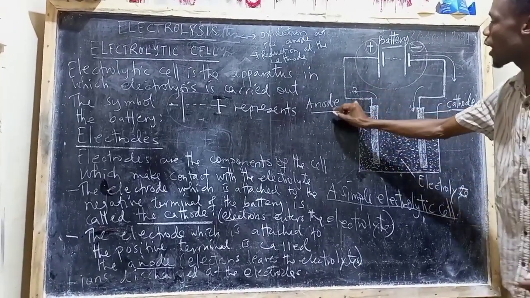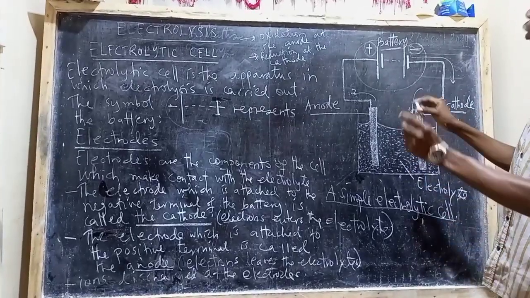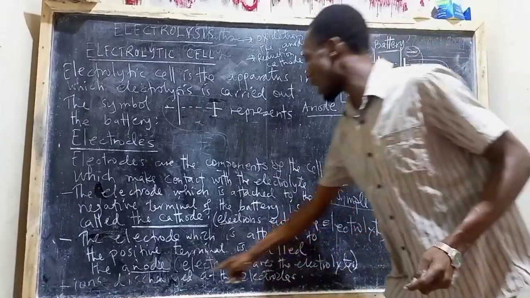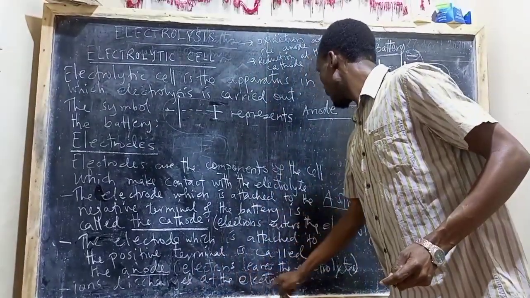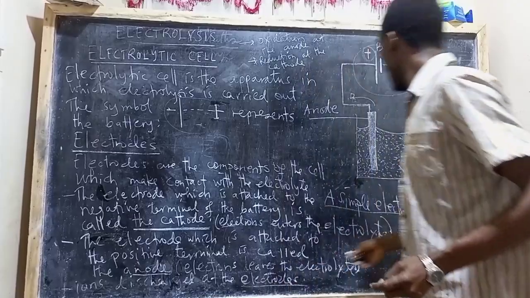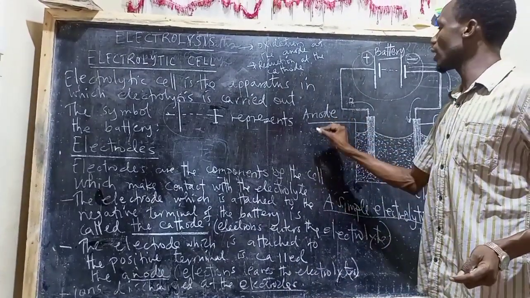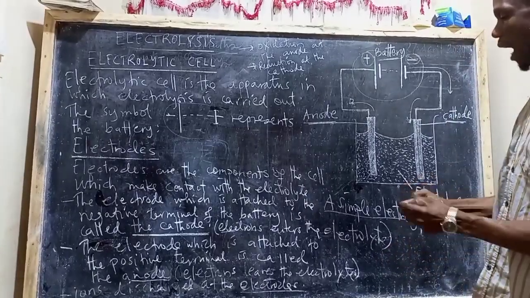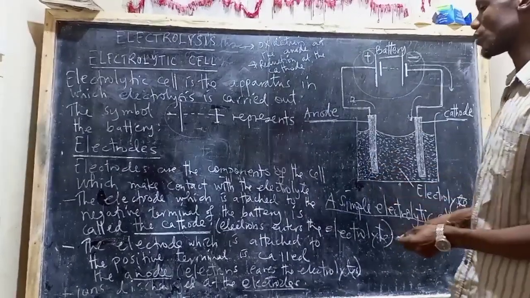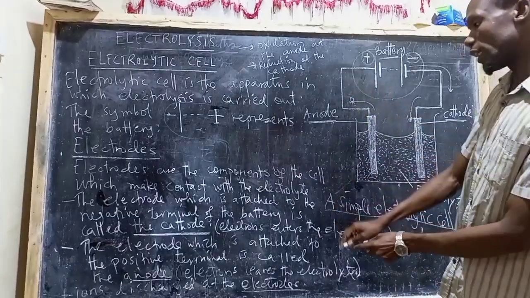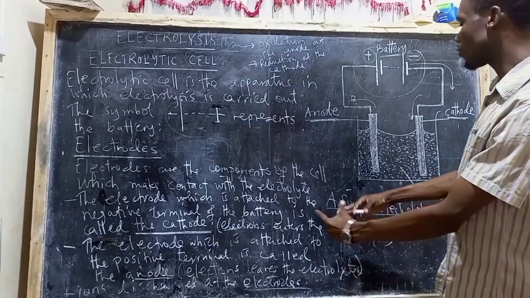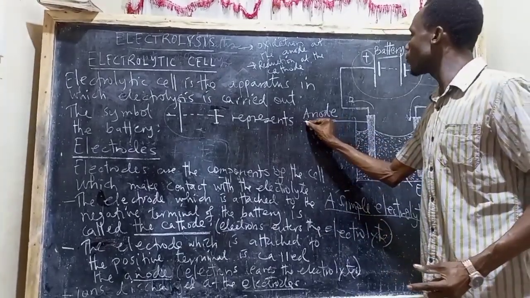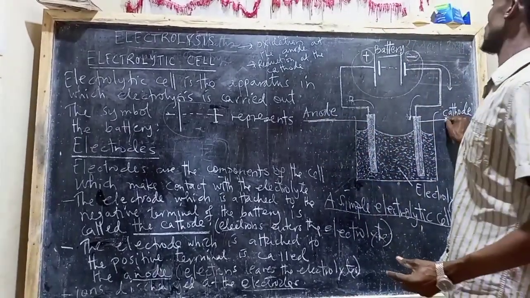In the absence of the cathode and anode, there is no electrolysis. That is why we say ions are discharged at the electrodes, at the anode and at the cathode. The electrolytes are discharged to form ions.